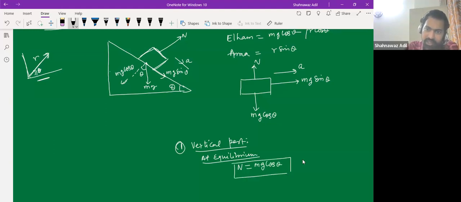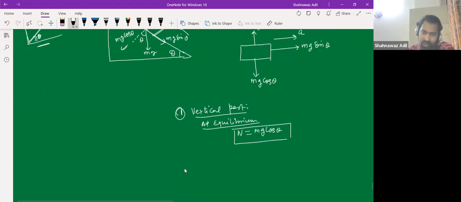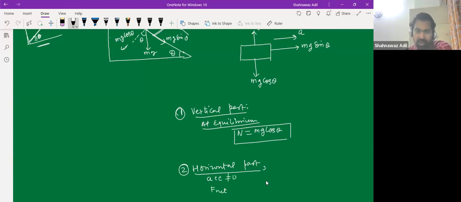Now the horizontal part. The horizontal part has acceleration, right? So acceleration is not equal to 0, and we have F net. Always remember this part. This is very crucial, and I have been emphasizing that you have to figure out when to use F net and when to use equilibrium.